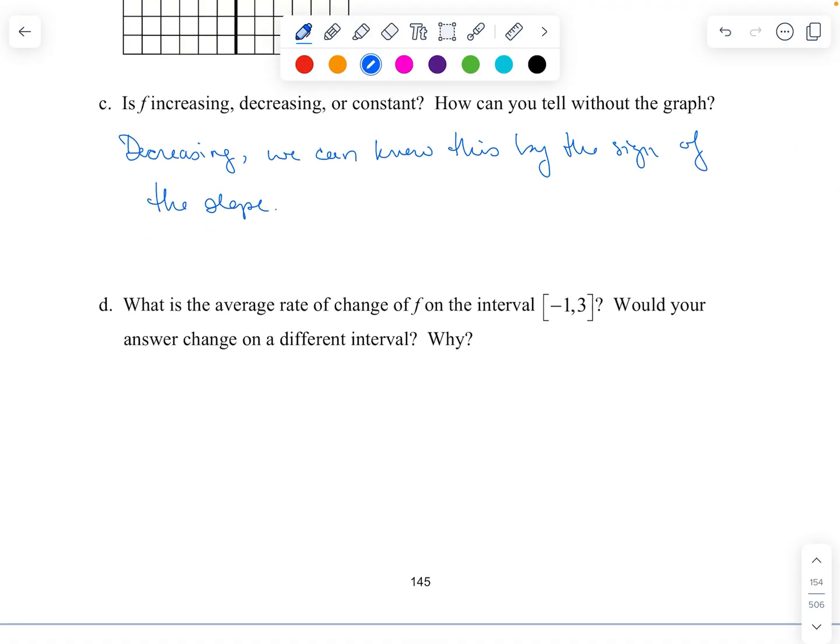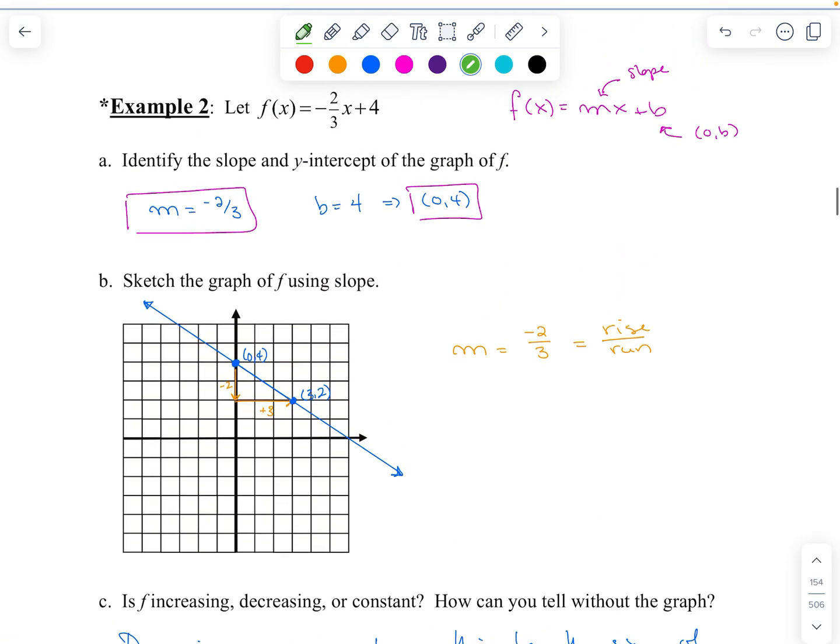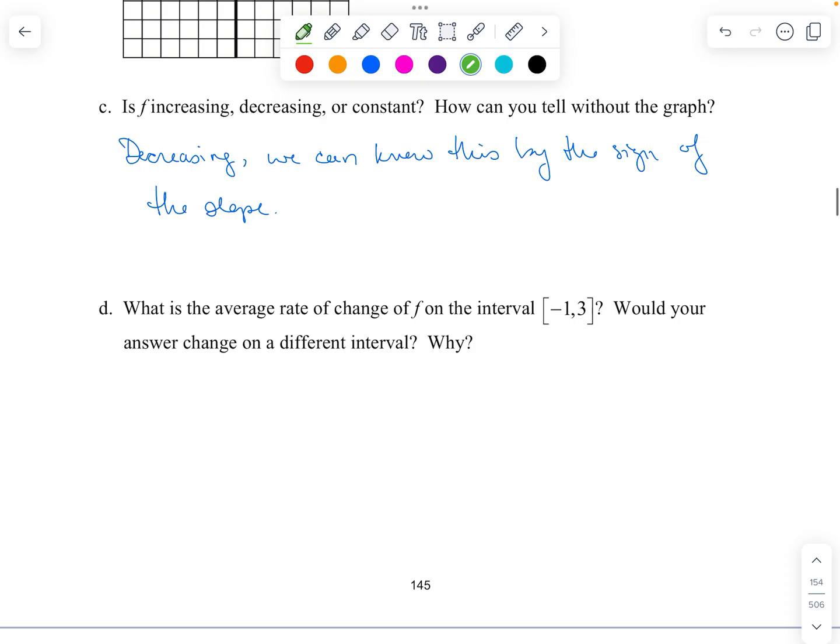Next, what is the average rate of change of f on the interval from negative 1 to 3? And would your answer change on a different interval and why? So this one, we're going to do a bunch of work here, but honestly, you don't need to do all that work because we're going to get the same answer. So our average rate of change formula that we'd seen before is f of x2 minus f of x1 over x2 minus x1.